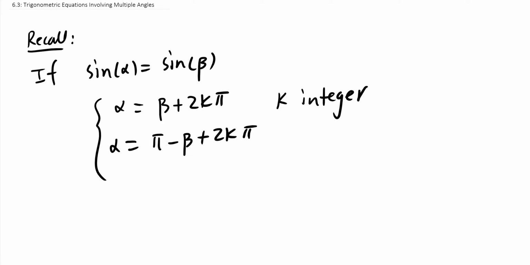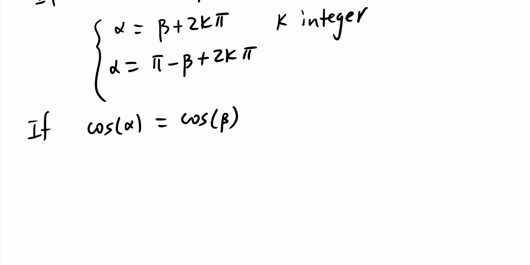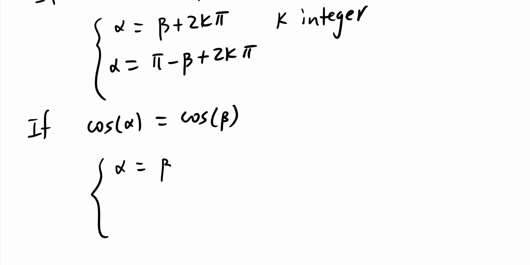That was for sine. For cosine, if cosine alpha equals cosine beta, then alpha equals beta plus 2k pi, or alpha equals negative beta plus 2k pi, k again an integer.